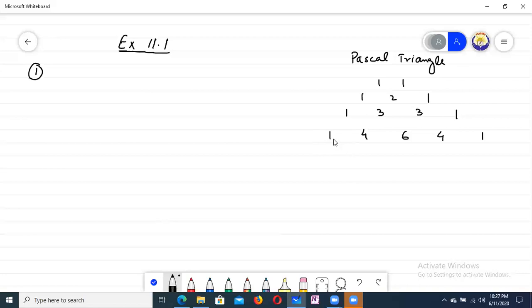As this is the 4th row, then for the 5th row, for the 6th row, and for the 7th row.